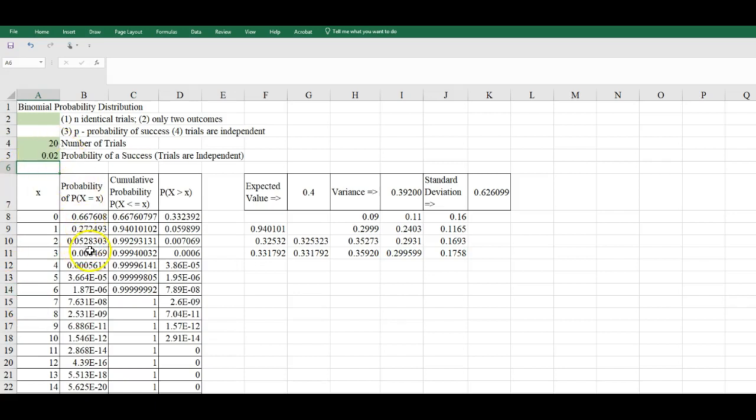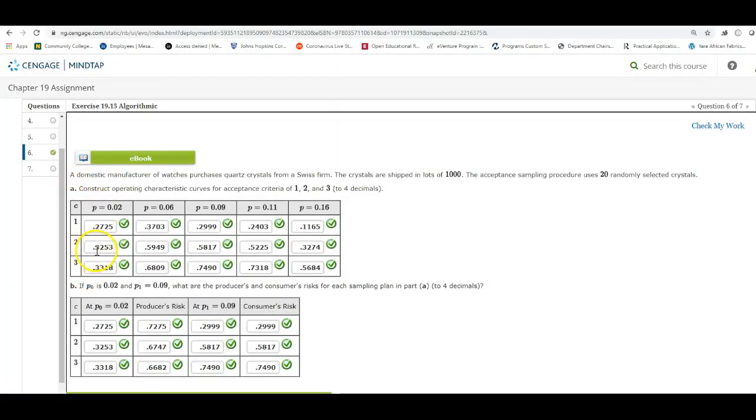So they take the 0.2725 and add 0.0528 in order to get 0.3253. Likewise, they take the 0.3253 and add the probability that C is equal to 3, in order to get this 0.3318.